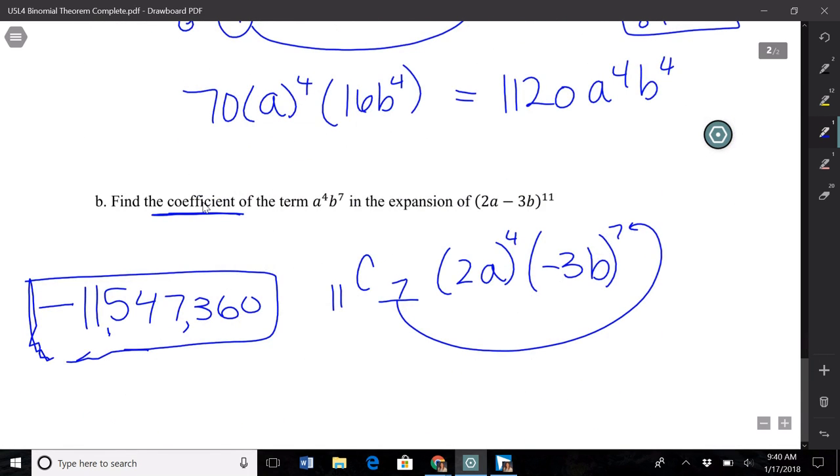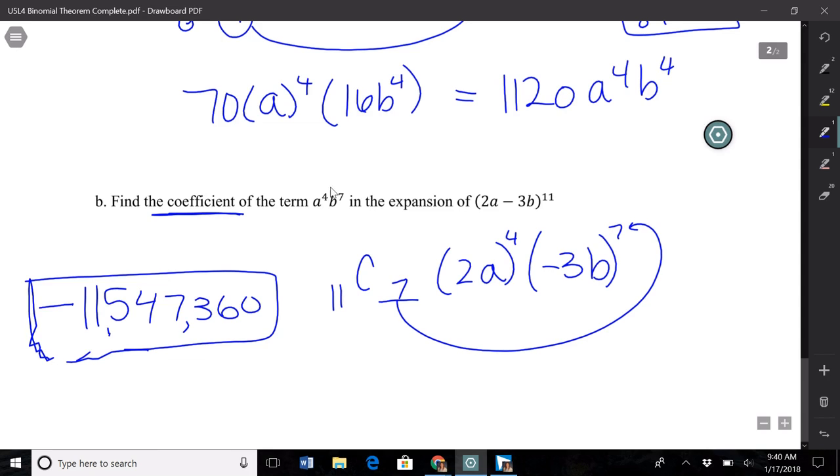In this case, we only want the coefficient. Now, this one, in a little bit of a different way, makes it easier than the last one, I think, because they're already giving us the exponents that we need to use. If we look at it, our first term is 2a, our second term is negative 3b. Our exponent is 11, so that goes there.